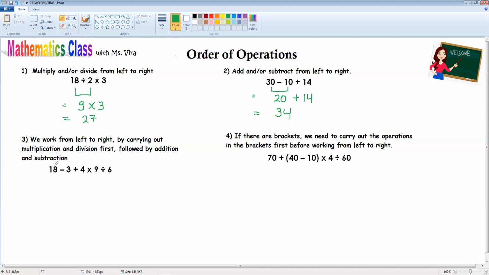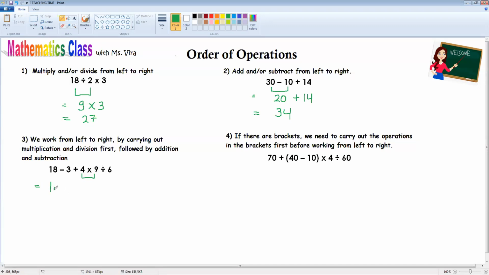For things like this, we need to work from left to right, but carrying out multiplication and division first. So let's see here, we need to work this one out first, because even if it's from left to right, it has to be multiplied first.